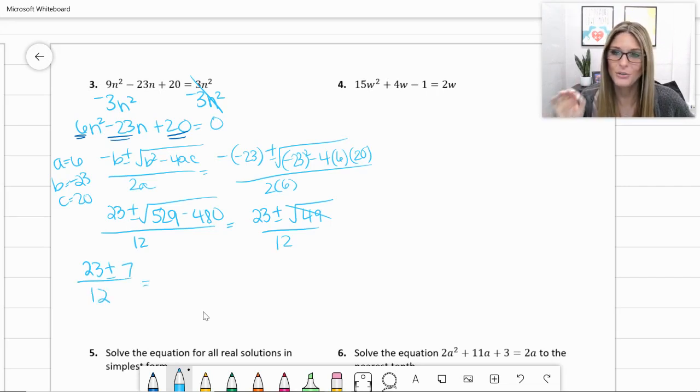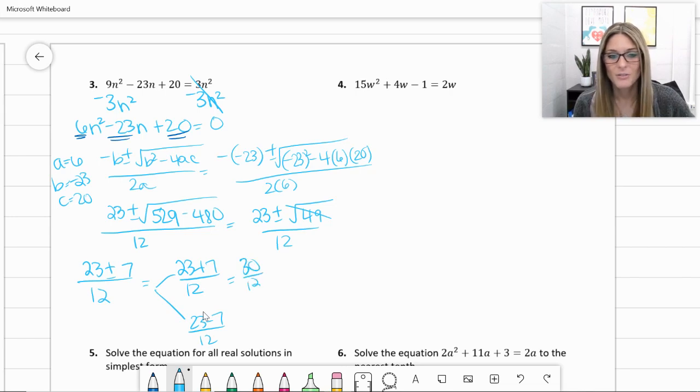We have two expressions going on here. We've got 23 plus 7 divided by 12, and then we also have 23 minus 7 divided by 12. 23 plus 7 is 30 divided by 12. So we did get a fraction here that we can simplify. They have a common factor of 6, so we can simplify this to 5 halves, or 2.5.